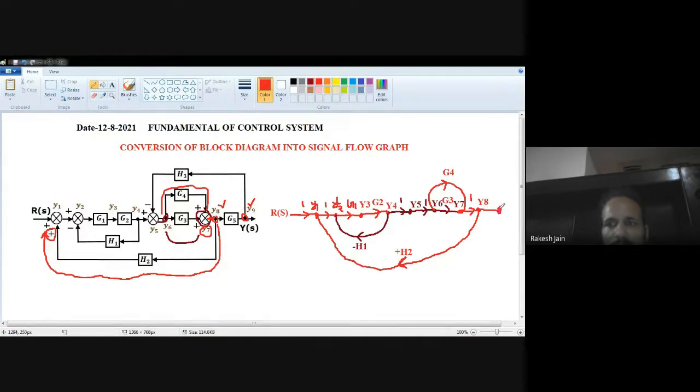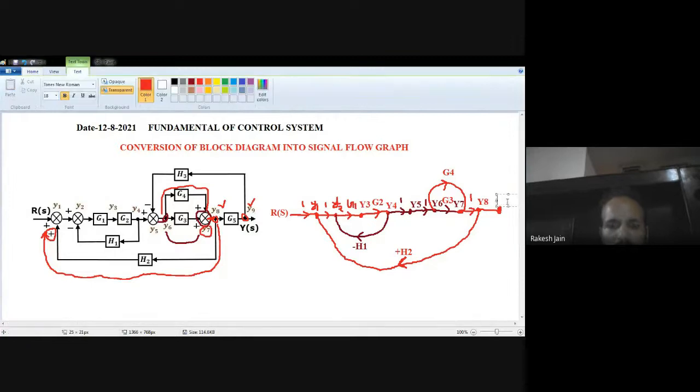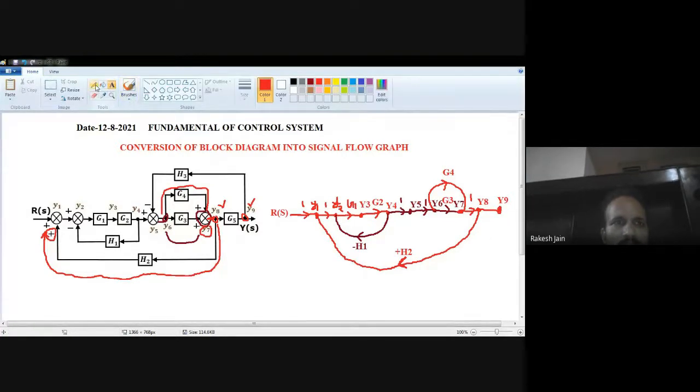This is my y9 node, and the gain value is now g5. It is not 1, it is now g5. To create some space, I just move this y8 a little bit to the left side.